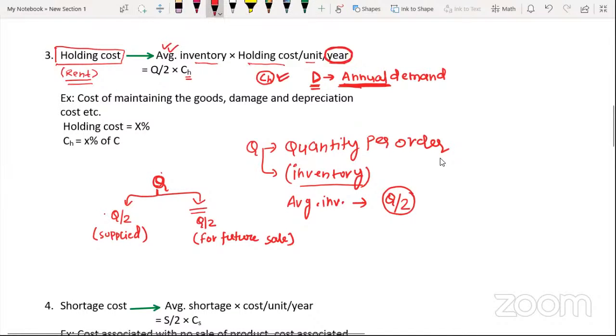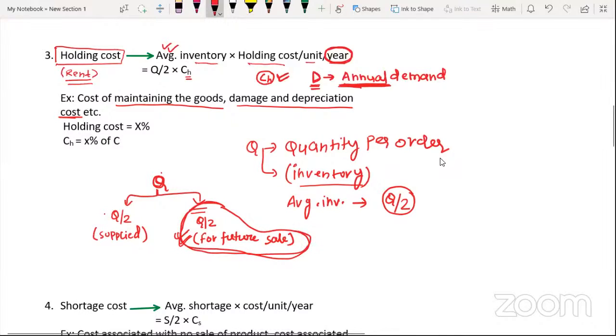So this is holding cost: average inventory into cost per unit per year, that is ch, and it includes the cost of maintaining the goods. It also includes the damage and depreciation cost, because if you are going to keep the things for future sale, then the items may get damaged, or you have to maintain the item.